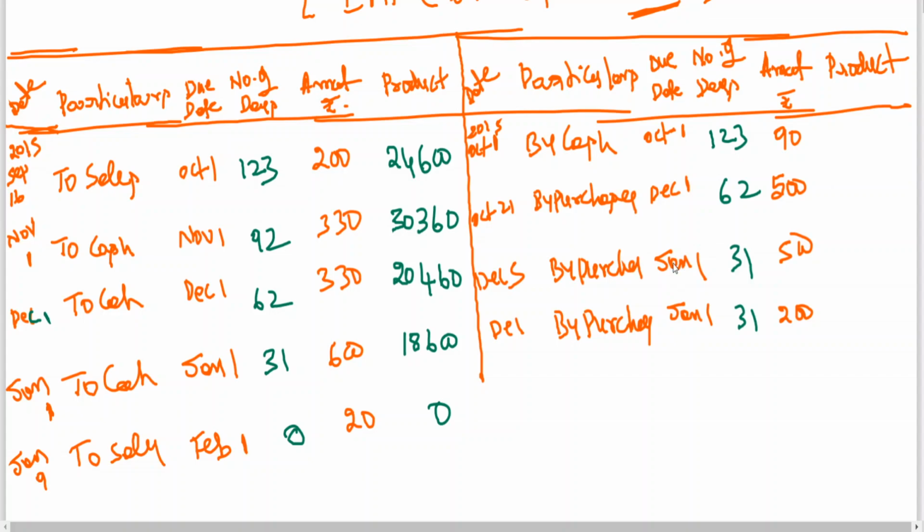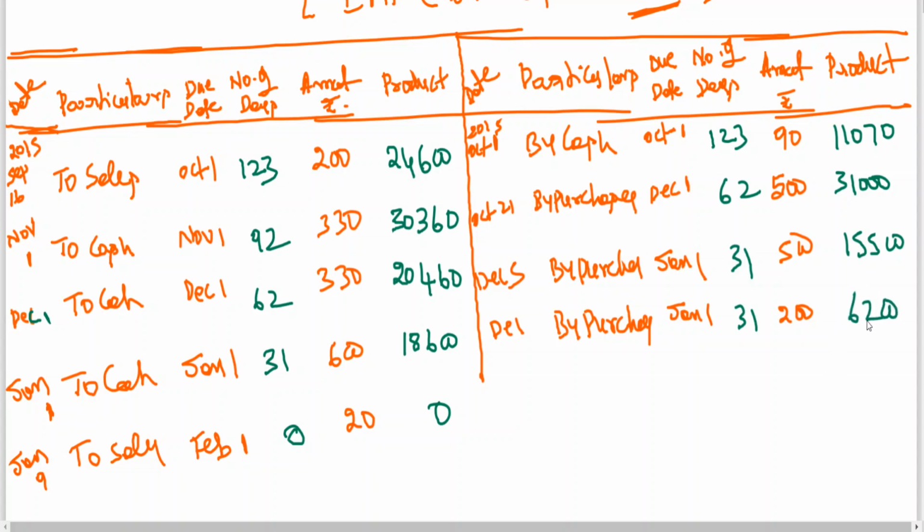Let us go for multiplication. 123 into 90 is 11,070. 500 into 62 is 31,000. 500 into 31, 15,500. 200 into 31, 6,200.